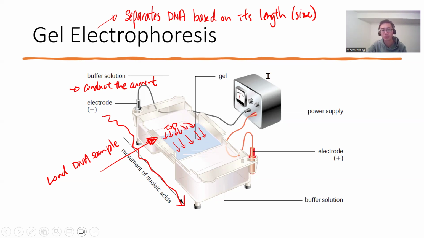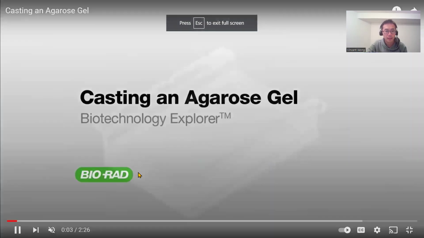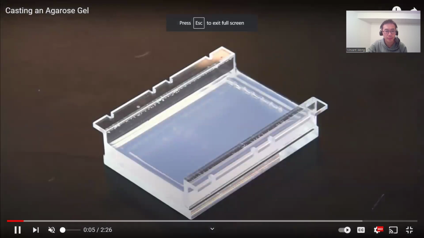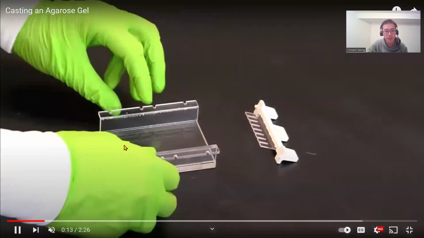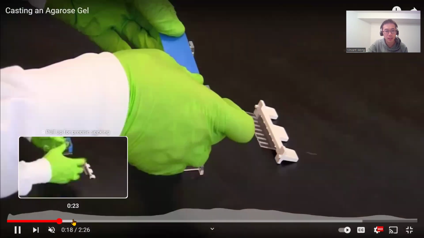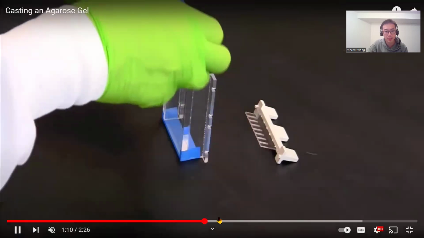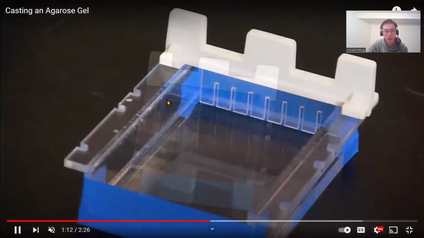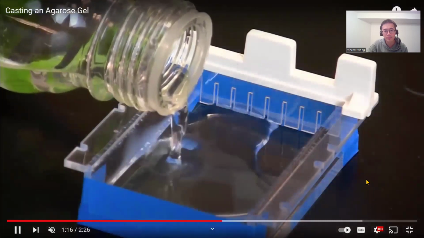Now let me show you how the gel is made. Okay, so here's the gel. It's like Jello, basically. Let me see if I can skip through it. So this is the cast. You are going to tape it off. I'm just going to skip to the interesting part here. So now you have a nice well, and then you pour in the gel solution.